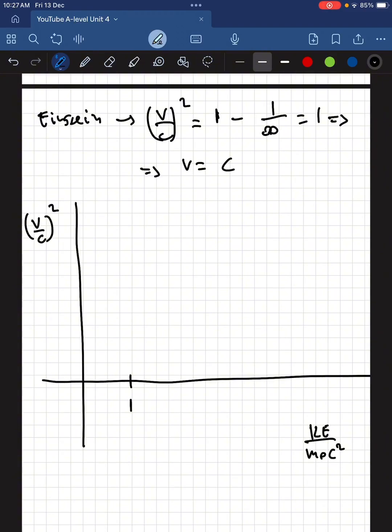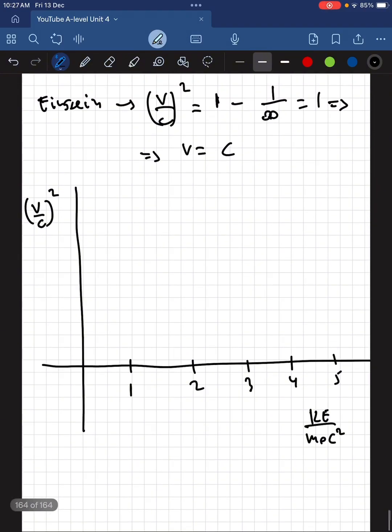So kinetic energy over m naught c squared is dimensionless. So we get 1, 2, 3, 4, 5, say, and v squared over c squared can take values like that.